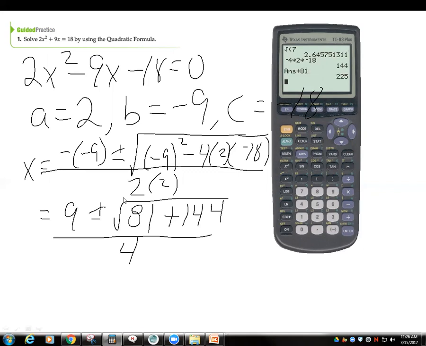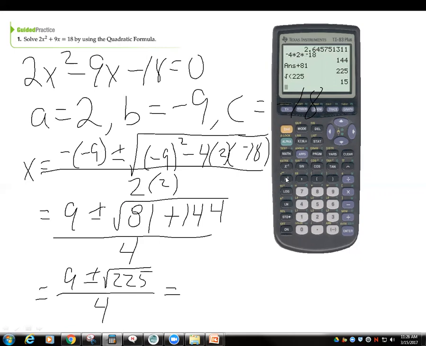Add to that 81, and you would get 9 plus or minus the square root of 225 all over 4. And if you figure it out, the square root of 225 is actually 15. So it'd be 9 plus or minus 15 over 4.